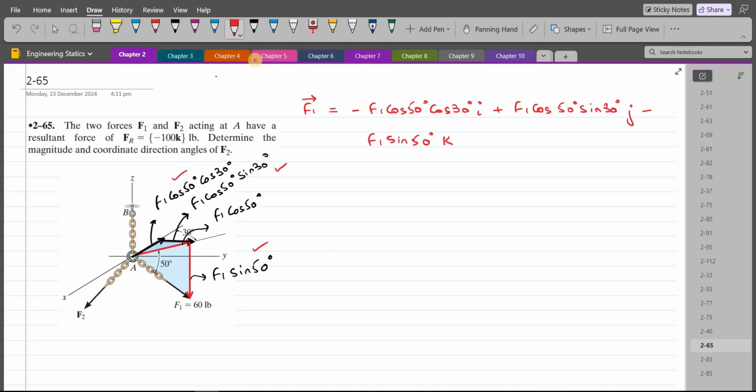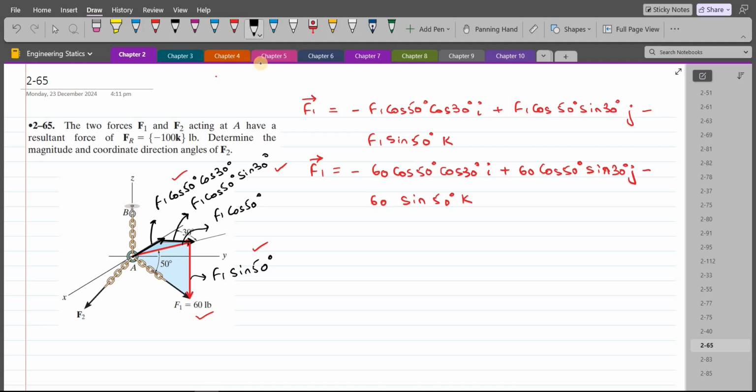If I substitute the value of F1, which is 60 lb, it would be negative 60 into cos 50 into cos 30 i, plus 60 into cos 50 into sin 30 j, minus 60 into sin 50 k.